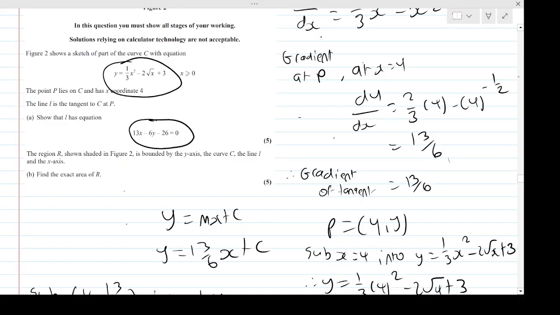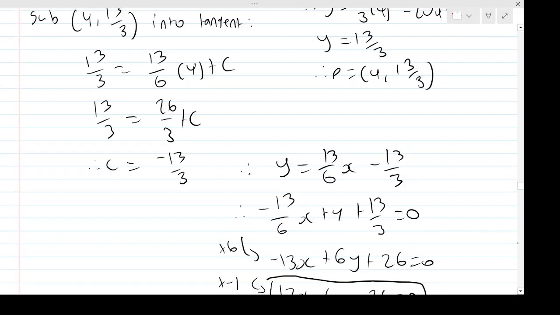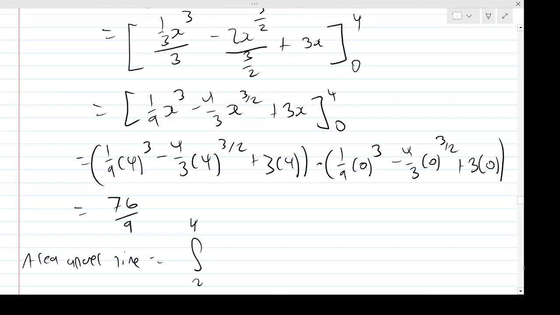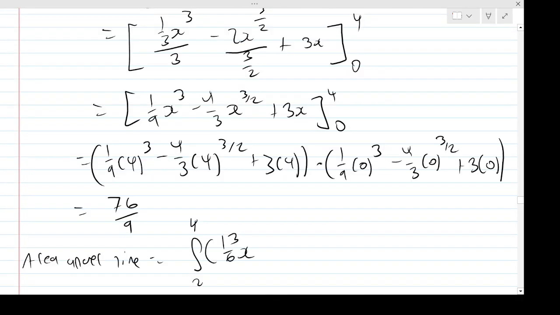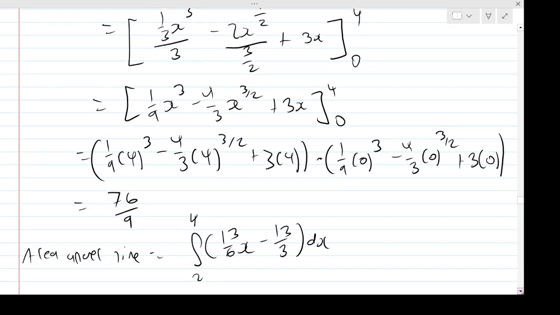But actually, we don't need to do that because we did that already. This is the equation of the tangent originally. So that is y, so we can sub that in. So it'd be 13 over 6 x, take away 13 over 3 dx. And now we can just integrate that.